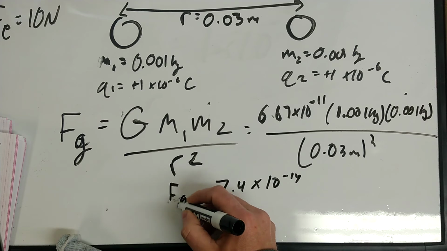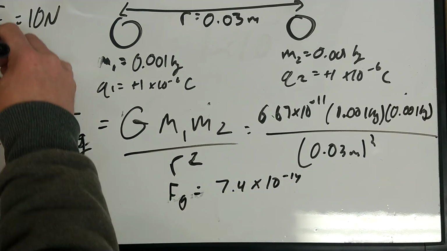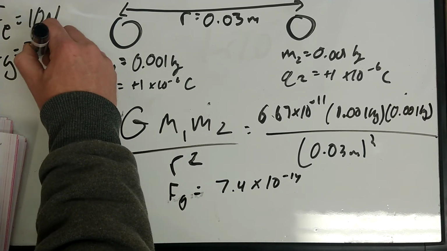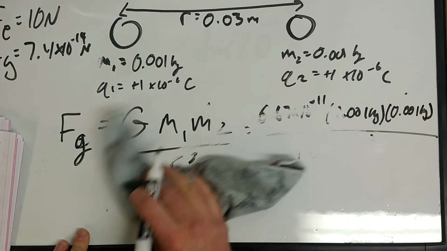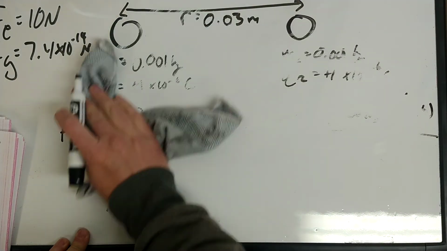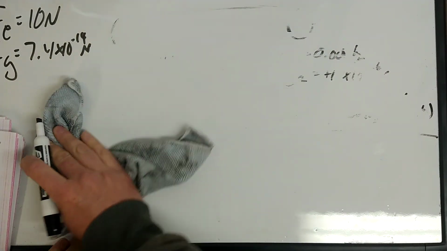The force of gravity acting between them is 7.4 times 10 to the negative 14th newtons. Very cool. That's pretty darn weak, and hopefully I calculated that right.